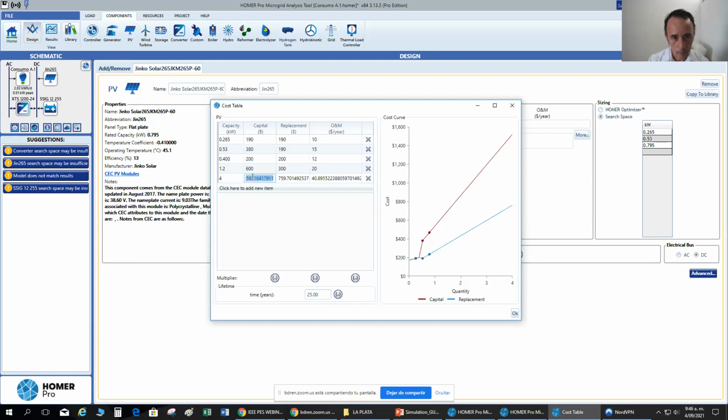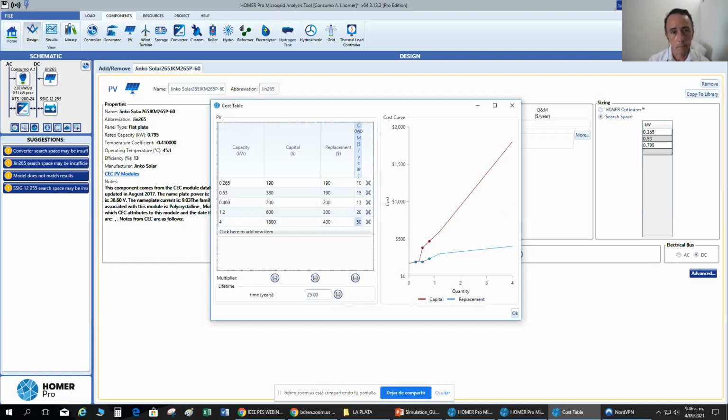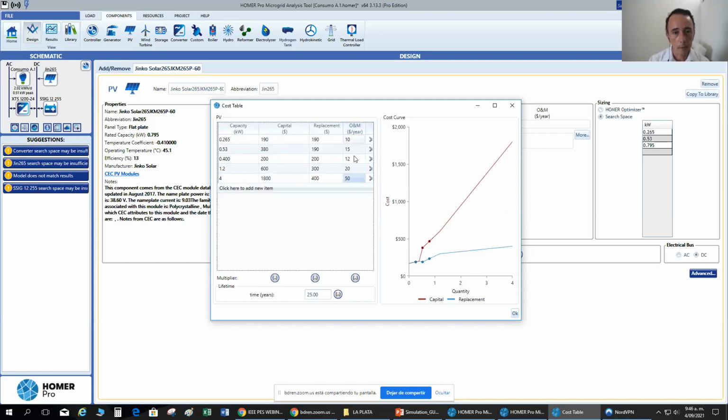Let's say that this could cost, for 10, I'm going to write just 1,100, and the cost will be better for a big system. It's just market and commerce. But this is the way Homer creates this cost curve.